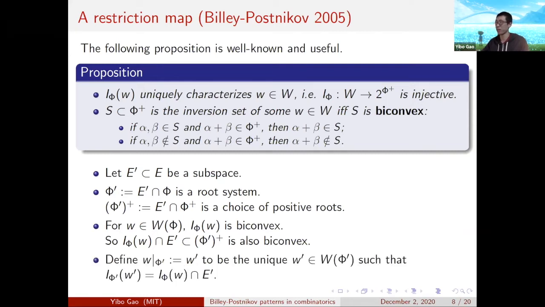Then, because of the first part of the proposition, since this is biconvex, there exists a unique W prime in the smaller Weyl group such that its inversion set is this restriction. This is how we define the restriction map from a larger Weyl group to a subspace.